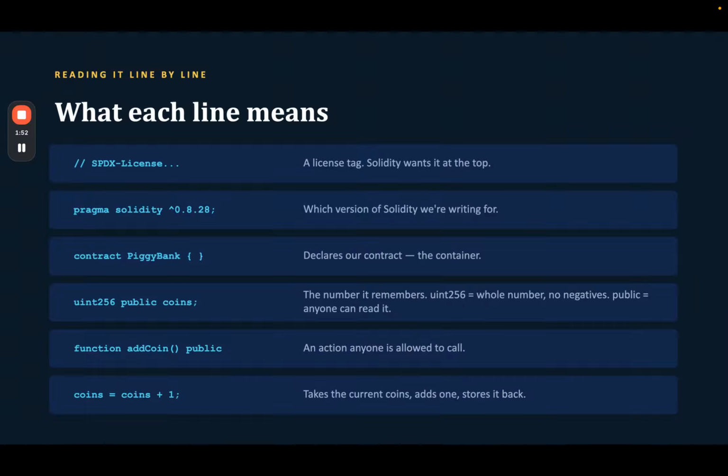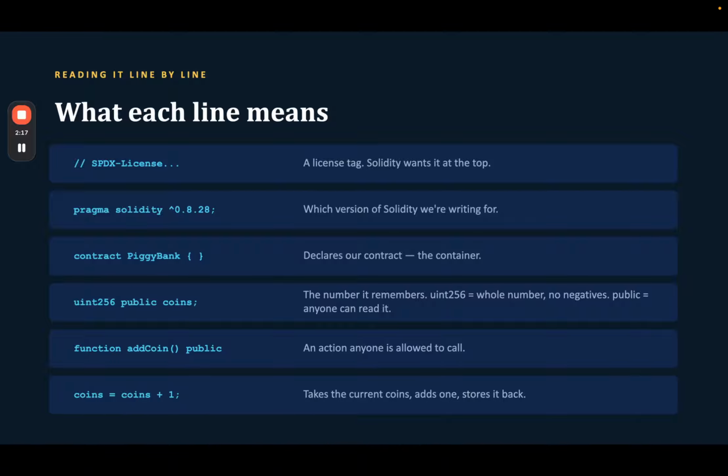So this is explaining how the code works. Pragma Solidity is the version of Solidity that we are using. At the top, it's the licensing, which is important to put in. Then we have the contract class, or the container. Then we have the variable, which contains the number.